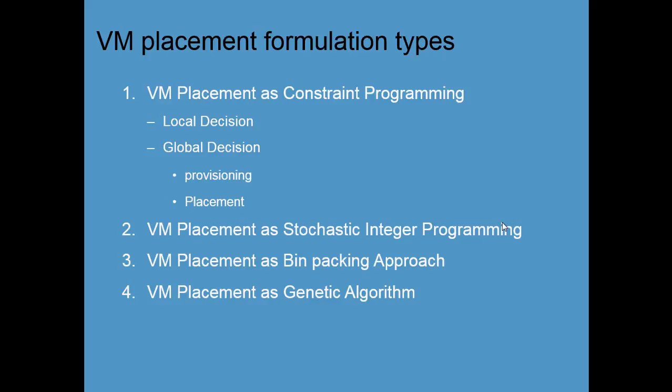The VM placement problem can be formulated as a number of problems. The first type is constraint programming. This is a two-stage method: local decision and global decision.